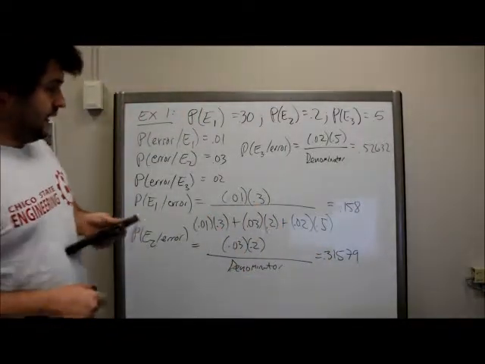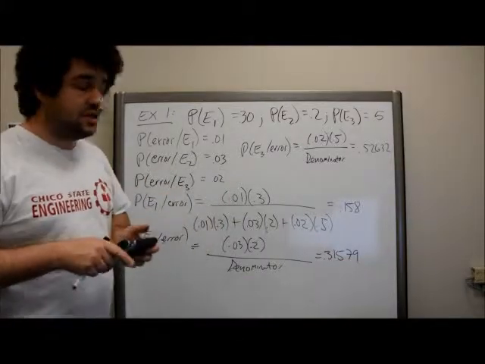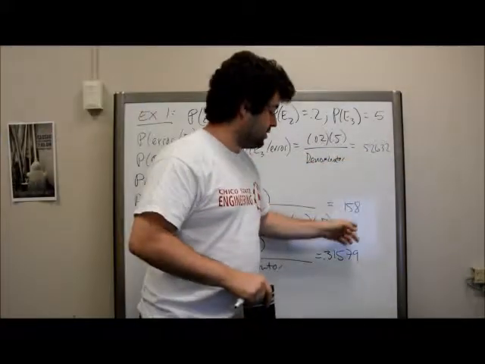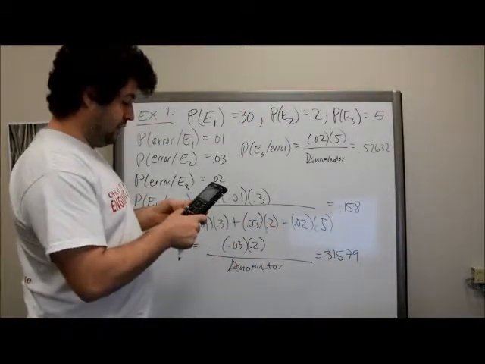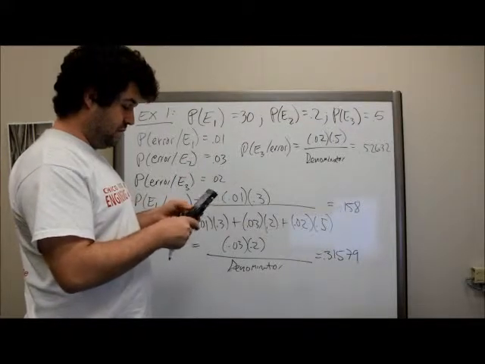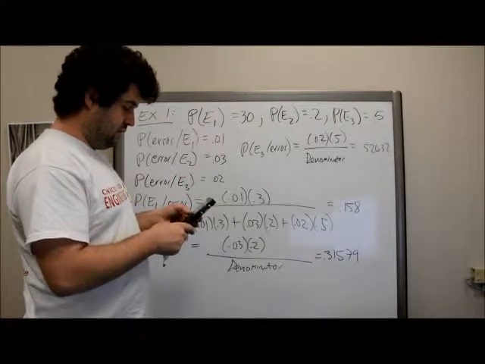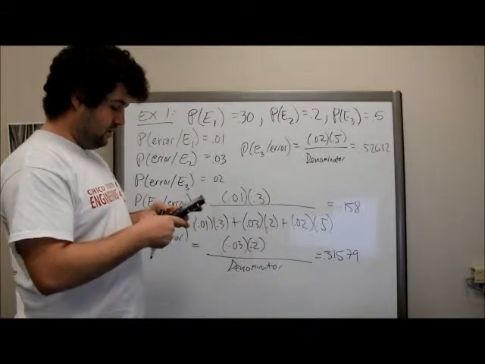And of course, since they're the only ones that made bids on these jobs, these probabilities should add up to 1. So I'm going to take 0.52632 plus 0.315 plus 0.158.